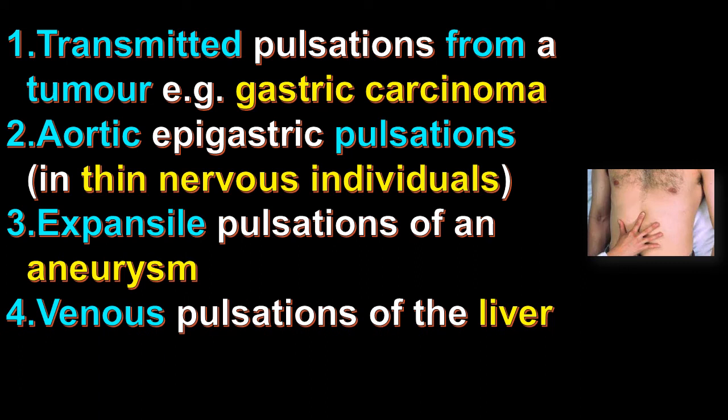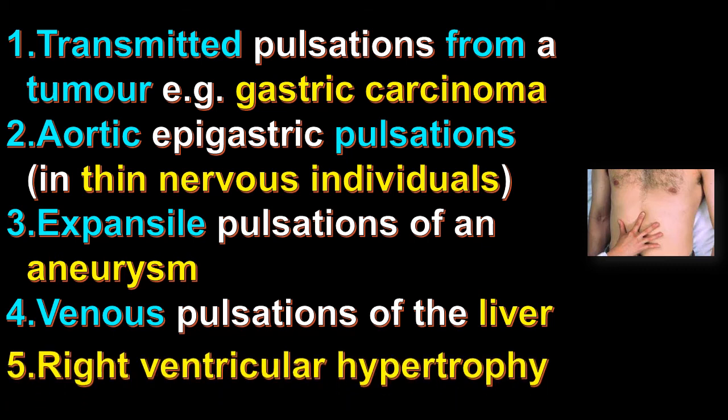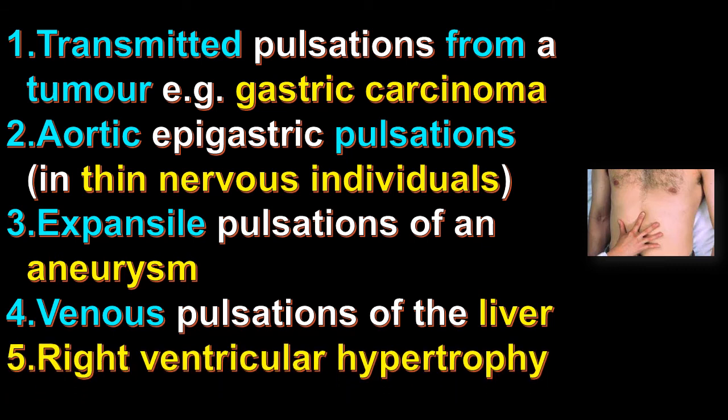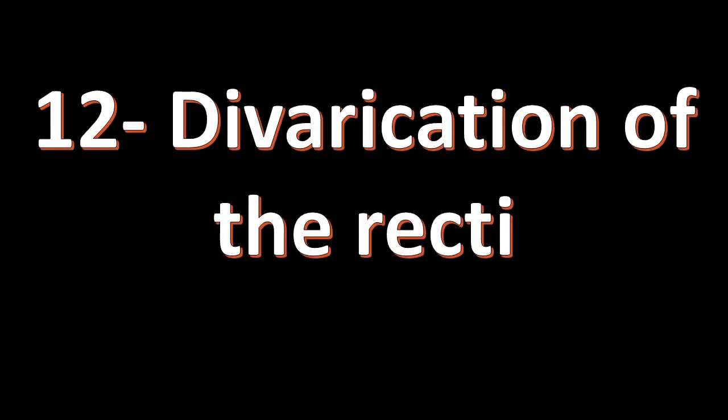Venous pulsations of the liver may be seen. Right ventricular hypertrophy. The pulsations of the right ventricle might be visible in inspection and felt by palpation. Divarication of the recti.